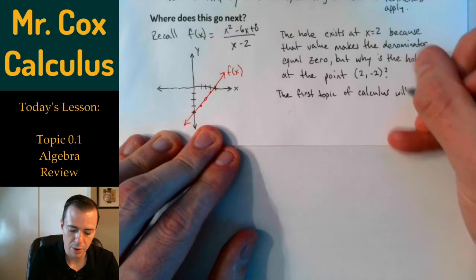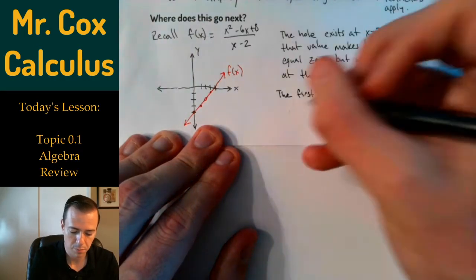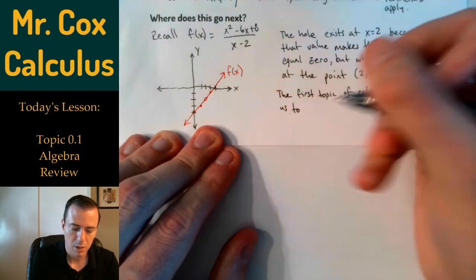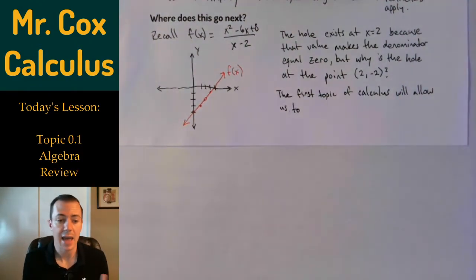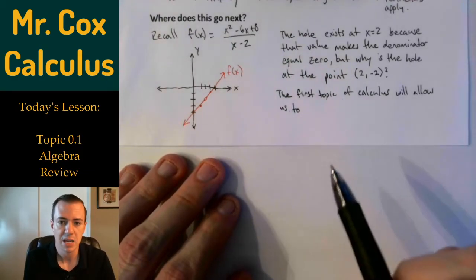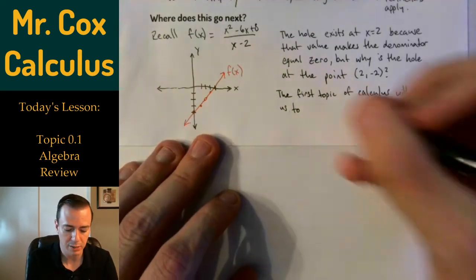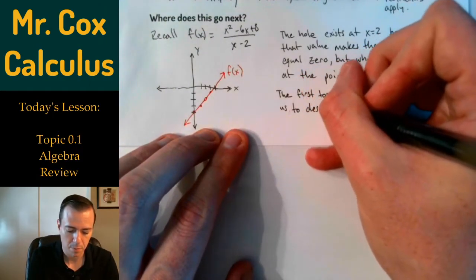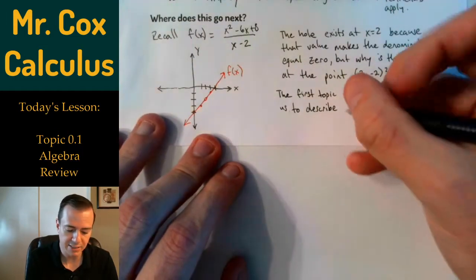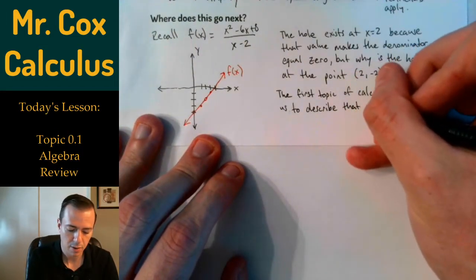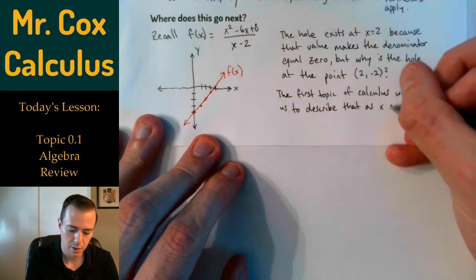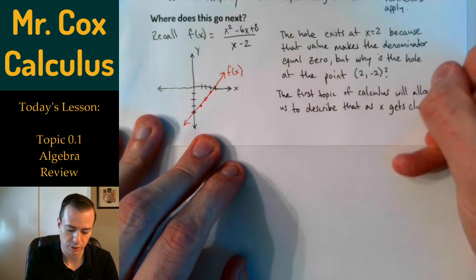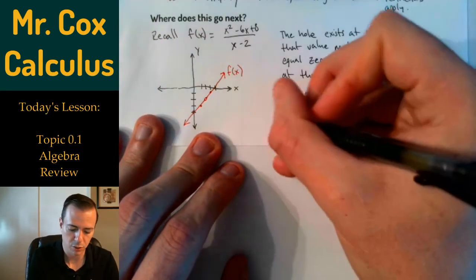it's going to allow us not to say, hey, at x equals 2, it's really equaling -2, because it's not. At x equals 2, this function is undefined. But the first topic of calculus will allow us to describe the idea that as x was getting close to 2.